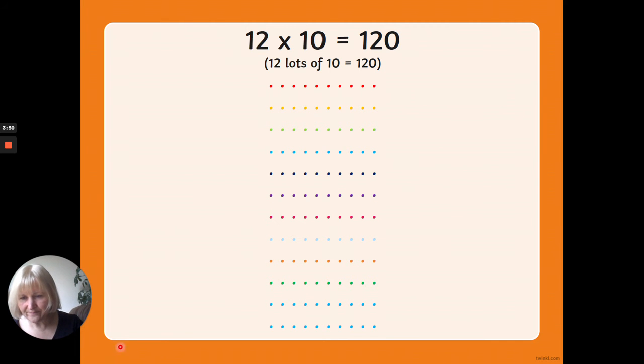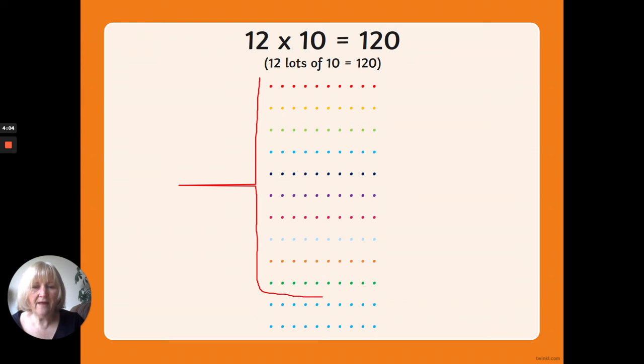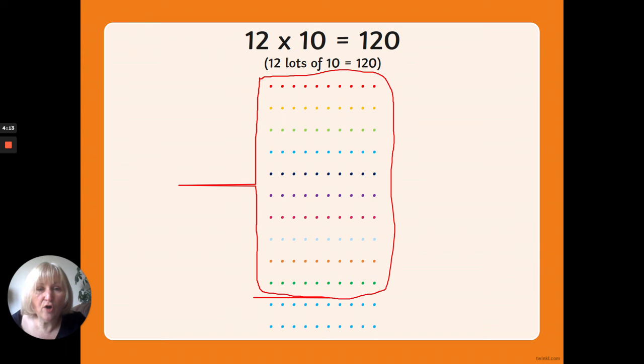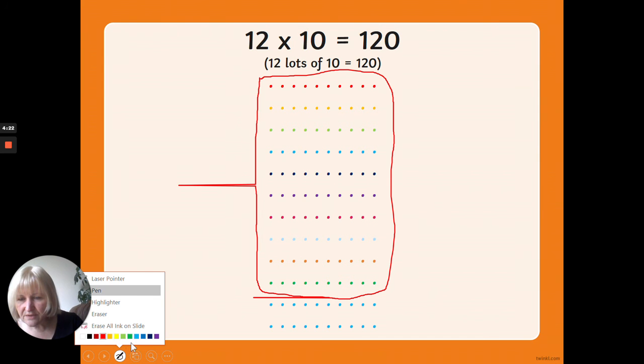Where's my pen? I'm going to see if I can draw round 10 lots of them. 1, 2, 3, 4, 5, 6, 7, 8, 9, 10. Around there. My pens are going a little bit crackers, but never mind. And around here. So inside that little circle, that box, there are 10 rows. So that's 100. But then down here, let's do these in a different colour.